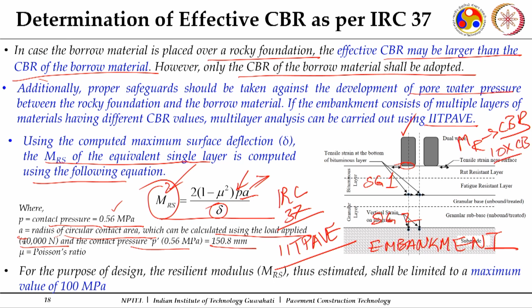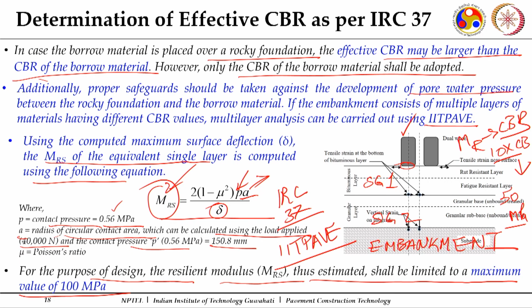So if CBR is 5, the MR value will come out to be 50 MPa. In whatever case, for design purposes the resilient modulus should be limited to a maximum value of 100 megapascals only.